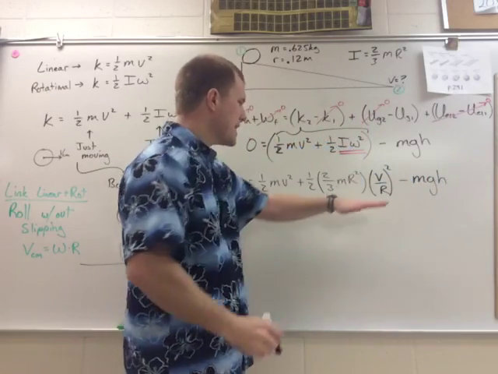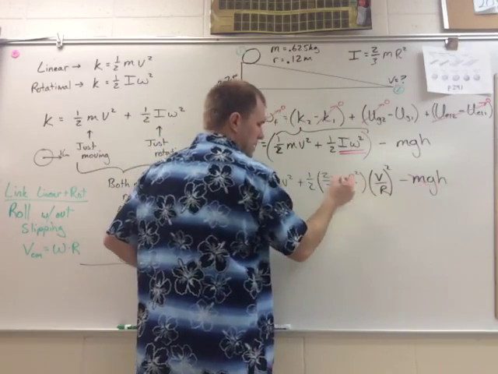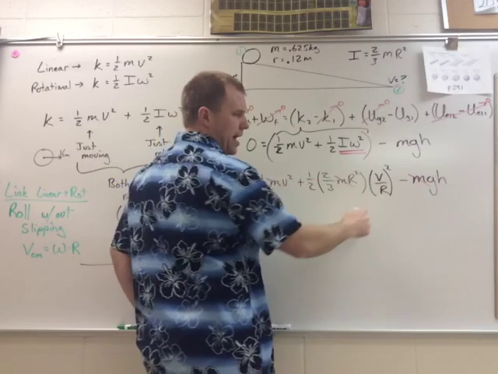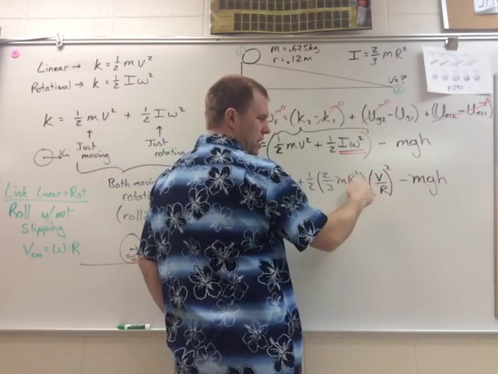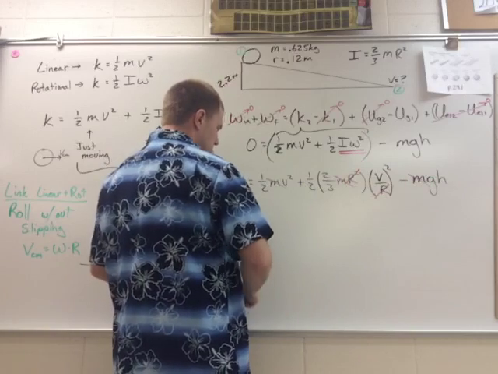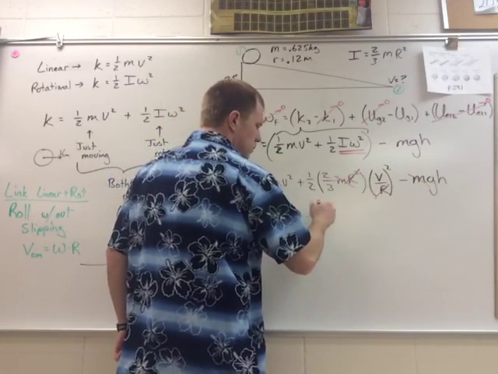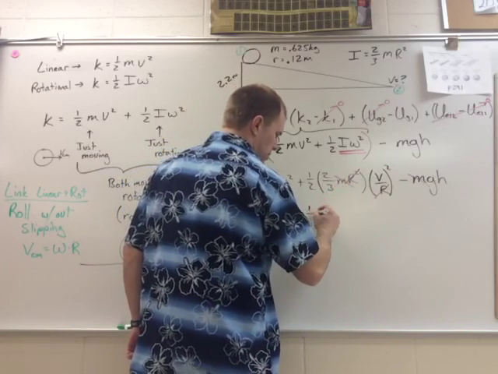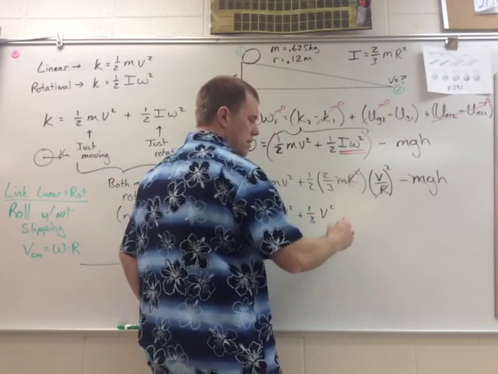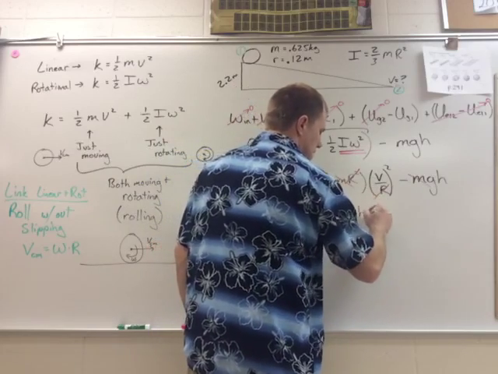And when we make these substitutions, we're going to start to see things like, now I do have a mass in all three terms. I also have an r squared and an r squared that cancels out. And so what I'm left with here is 1/2 v squared plus 1/2 of 2/3 is 1/3 v squared, minus gh.